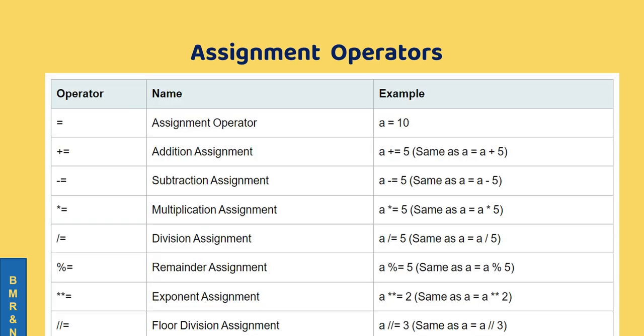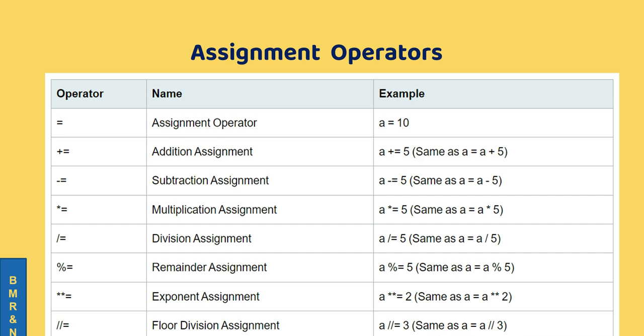In the first row, assignment operator a equal to 10. In the second row, you can see plus and assignment operator. This is known as addition assignment: a plus equal 5 is the same as a equal to a plus 5.